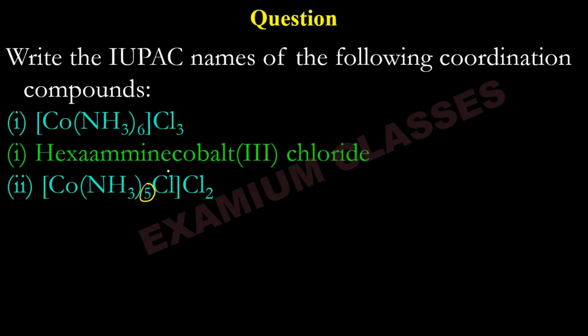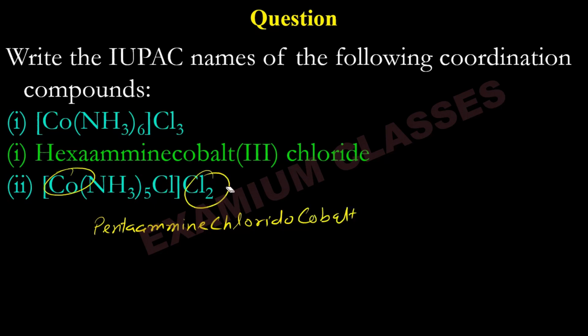If it is in the coordination sphere, the coordination entity, we will call it chlorido. Outside, we will call it chloride. So simply it will be pentaammine, then chlorido, and we have cobalt here.